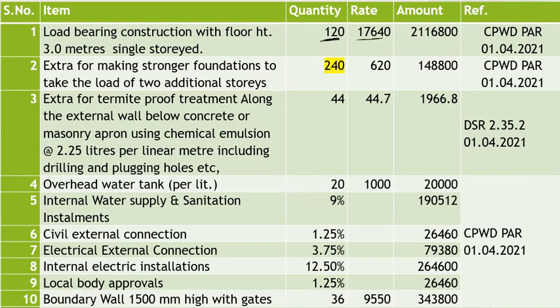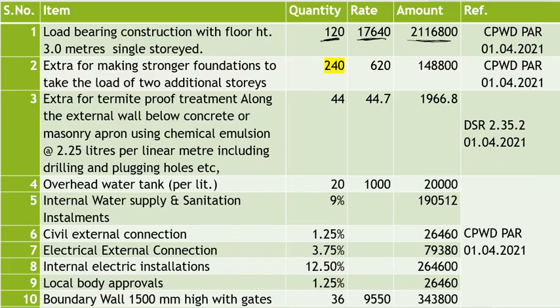Rate as per CPWD plinth area rate for such type of building with such specification is 17,640 per square meter. So this is the amount, 21 lakh 16,800.